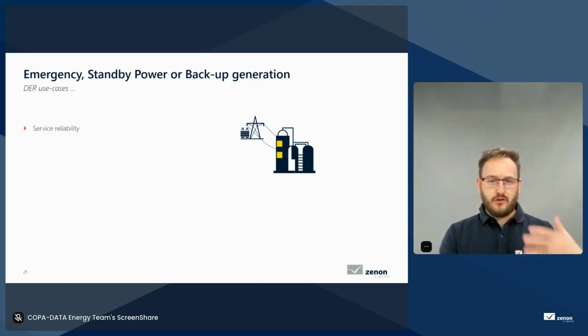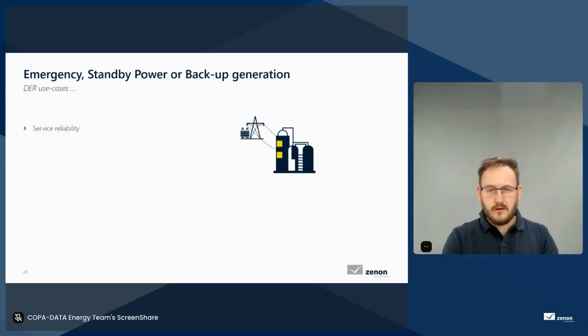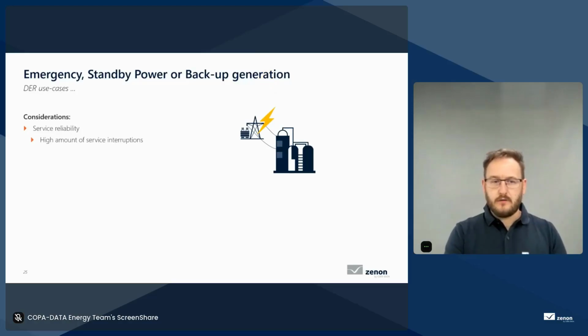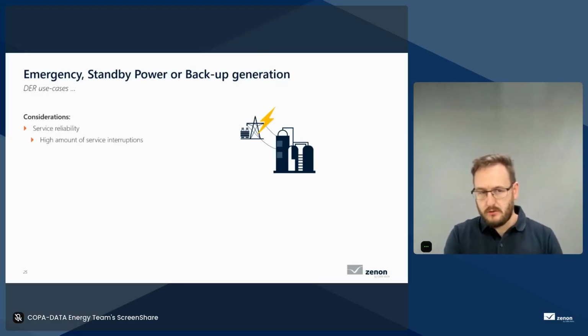Some of the considerations that we first need to think about is, how reliable is our supply or our service? Are there a high amount of service interruptions from natural disasters, or just from the quality of the service itself, depending on where we are geographically in the world?